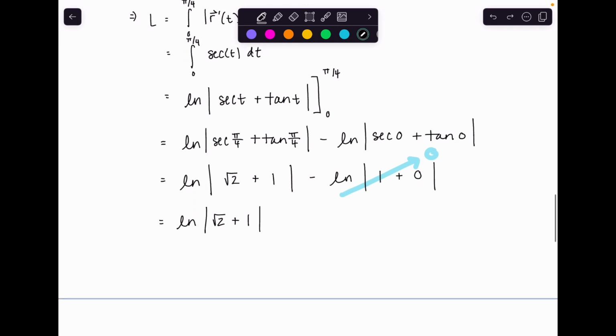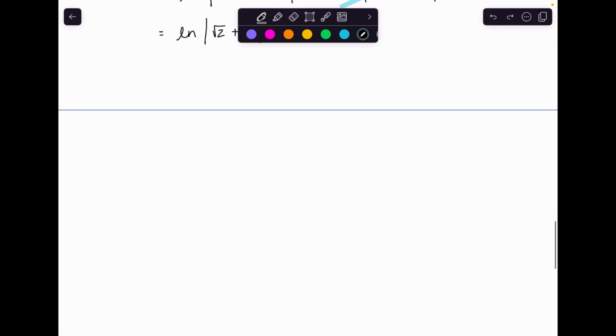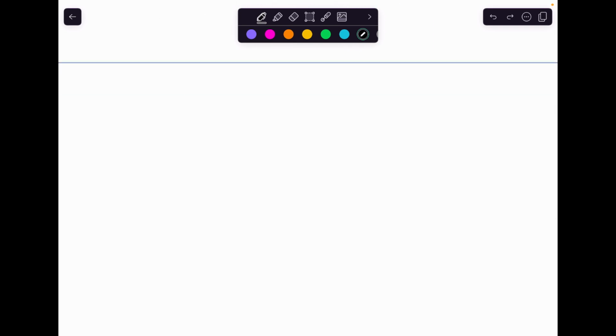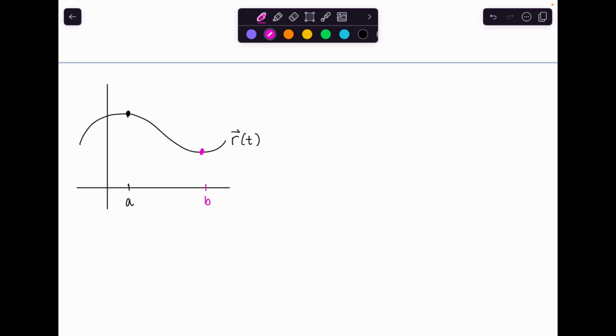Now, the one thing you may not have seen, it just depends on the semester and who you have and the book you had. We can also talk about something that's called the arc length function. So instead of having to go through, if I have my curve, say here's my vector function r of t, I can pick a starting point A, and instead of finding an ending point that's an exact value B, I'm going to assume that that ending value is a variable.